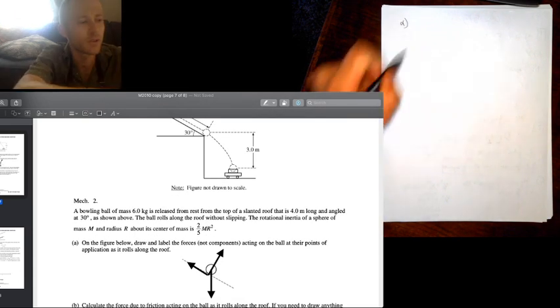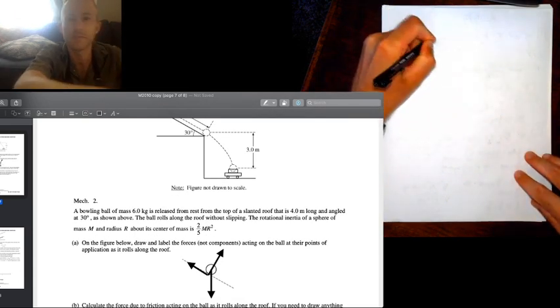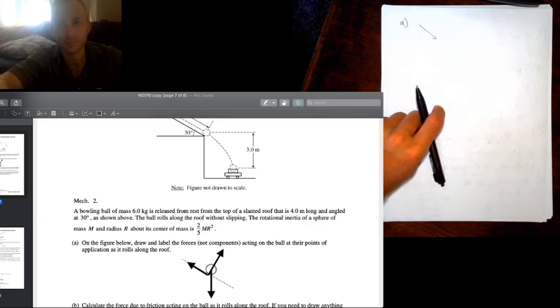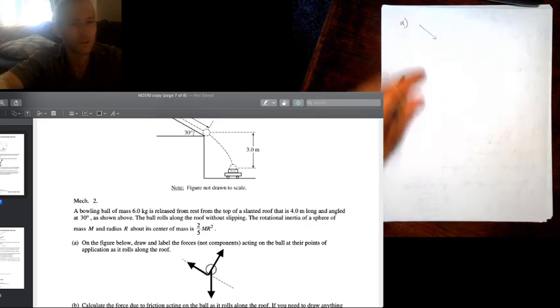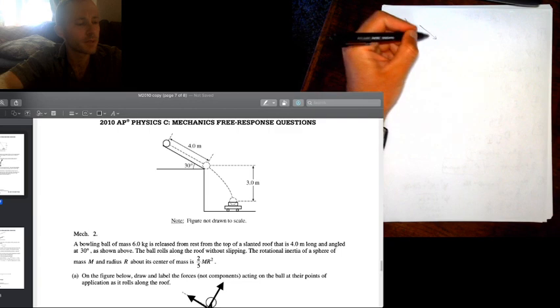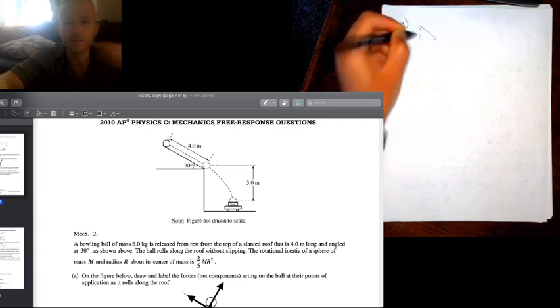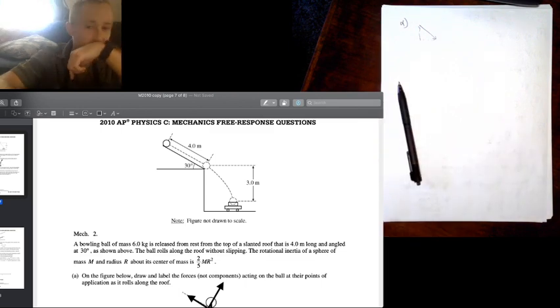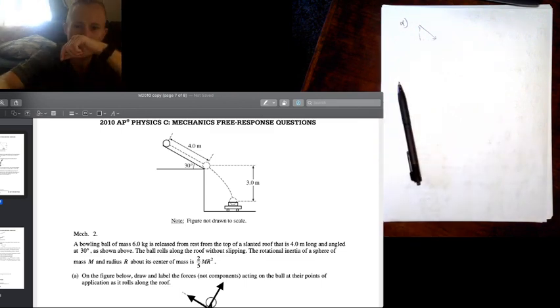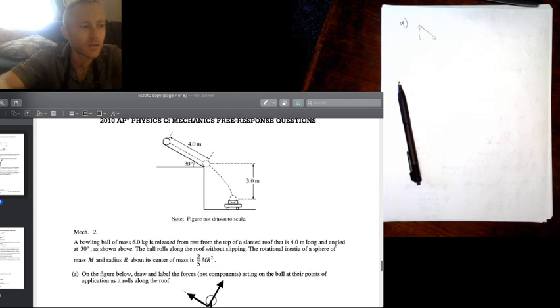So if we look at the speed of the box, or the speed of the ball, I should say, all right, this angle is 30 degrees.